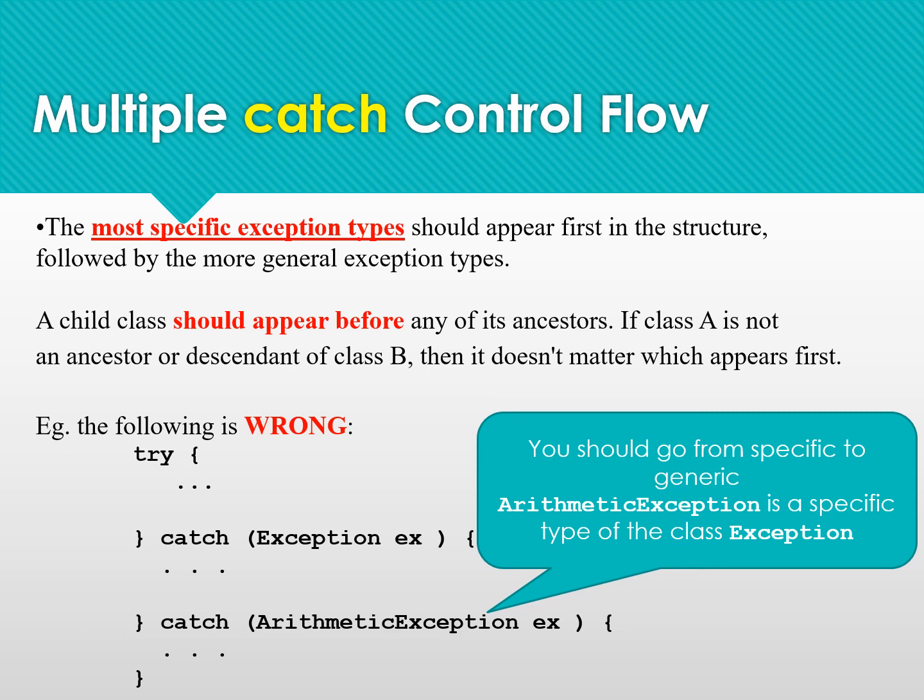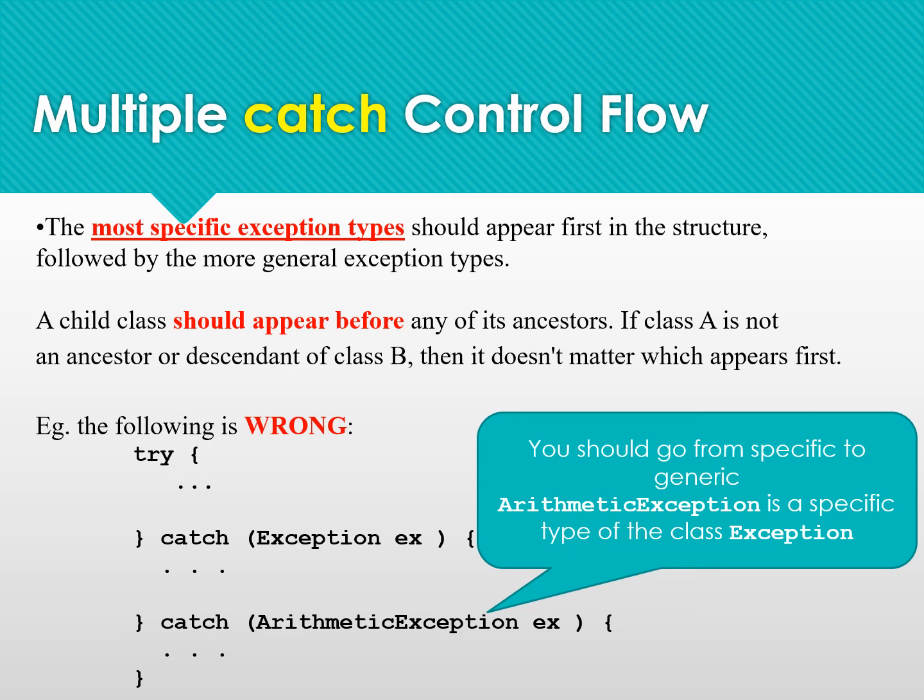Another issue when you have more than one catch block is that you need to be specific. You need to be aware of the way you arrange the catch blocks: you need to arrange the more specific one on top, followed by the generic one. So if you see here, Exception is the superclass, which is more general, whereas ArithmeticException is more specific.